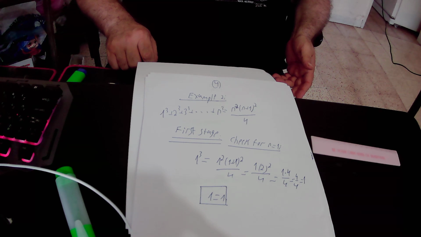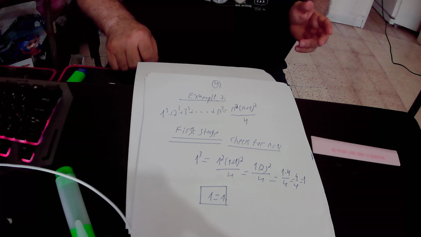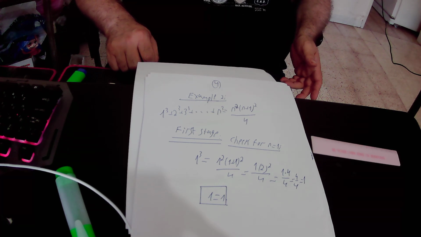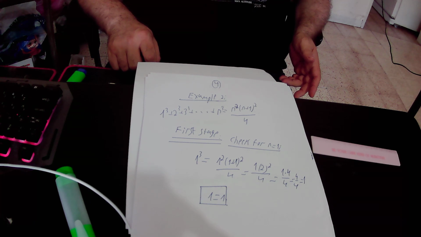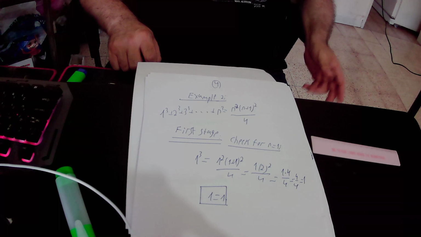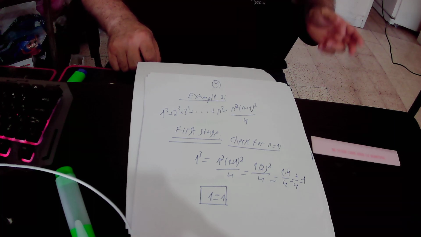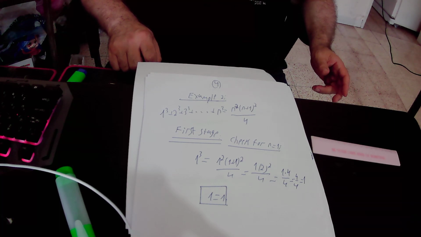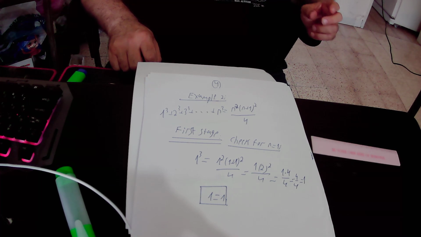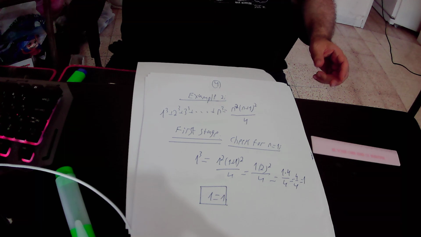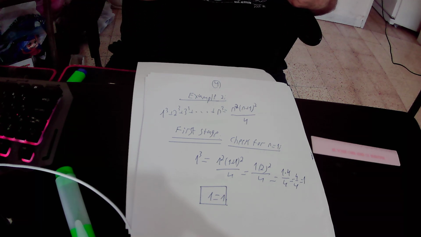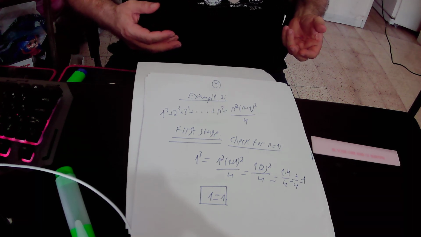And we have two stages in the mathematical induction. In the first stage, we will prove that the statement is true for n equals 1, and only when we pass the test and it is indeed true for n equals 1, then we will proceed to the second stage.